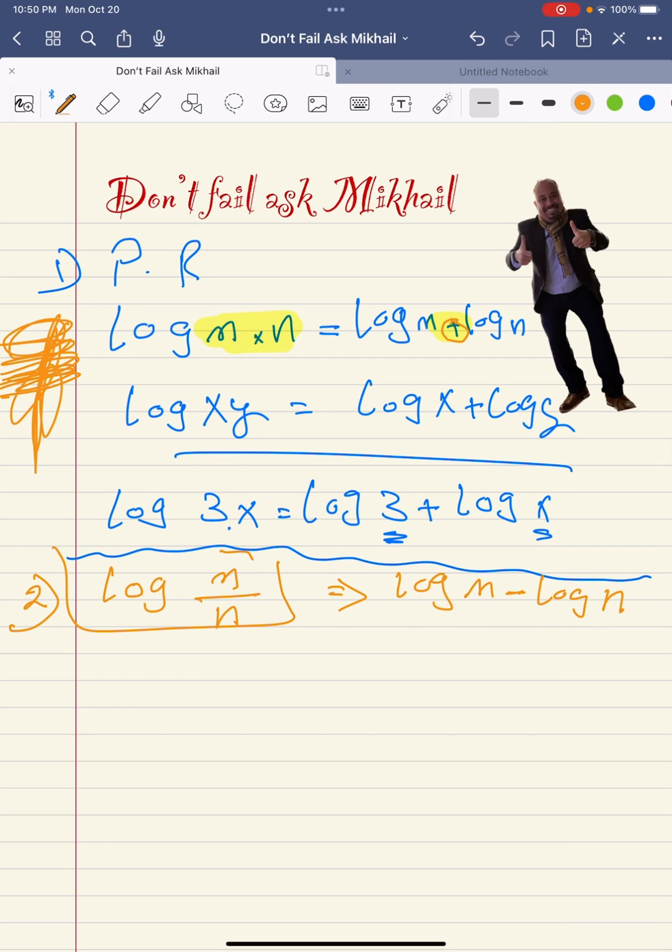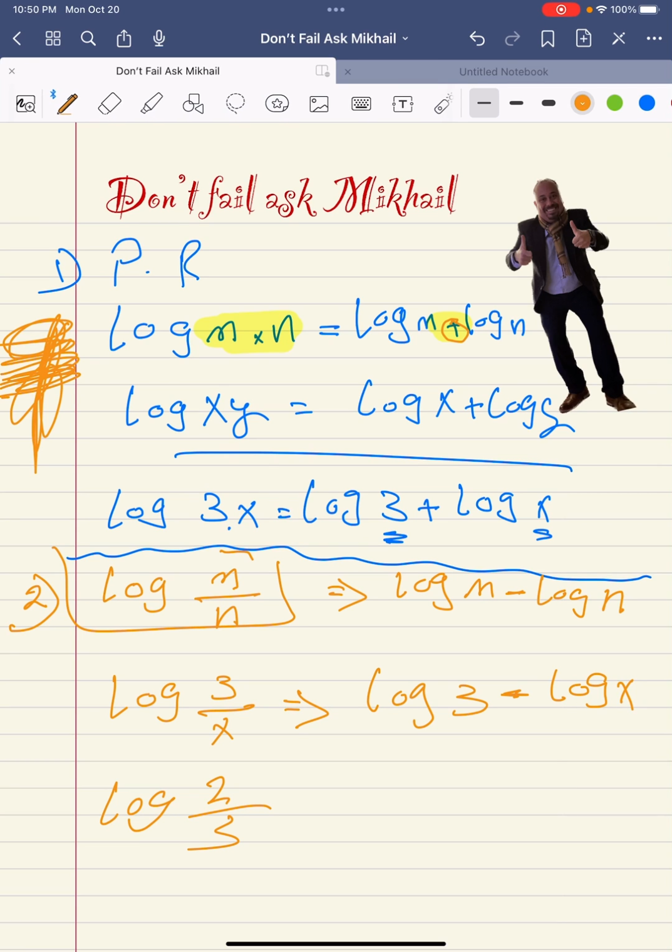So for instance, if I have log 3 over x, that equals log the top minus log the bottom, x. How about log 2/3? Wait, Mikhail, there is no variable, no x, no y. Both are numbers. It's fine.